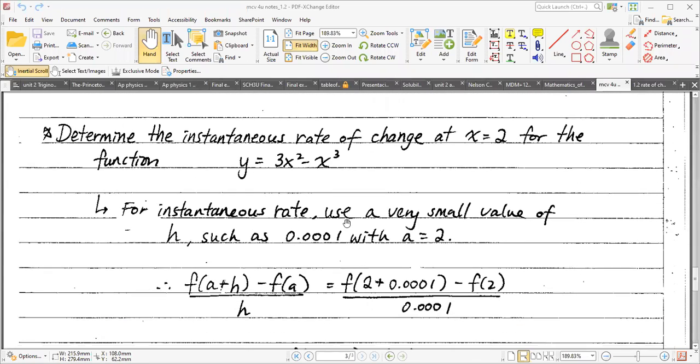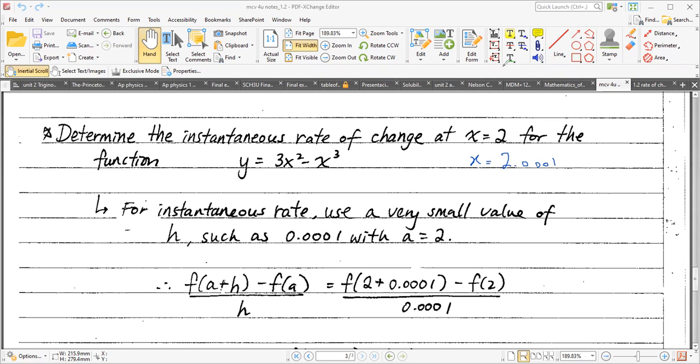Now here, determine the instantaneous rate of change at x equals 2. So you want to find the instantaneous rate of change. You need to find another point that is very close to 2, like 2.0001, which is almost the same as 2. It's going to be f of 2.0001 minus f of 2, y2 minus y1, divided by x2 minus x1, 2.0001 minus 2, which is 0.0001, true?